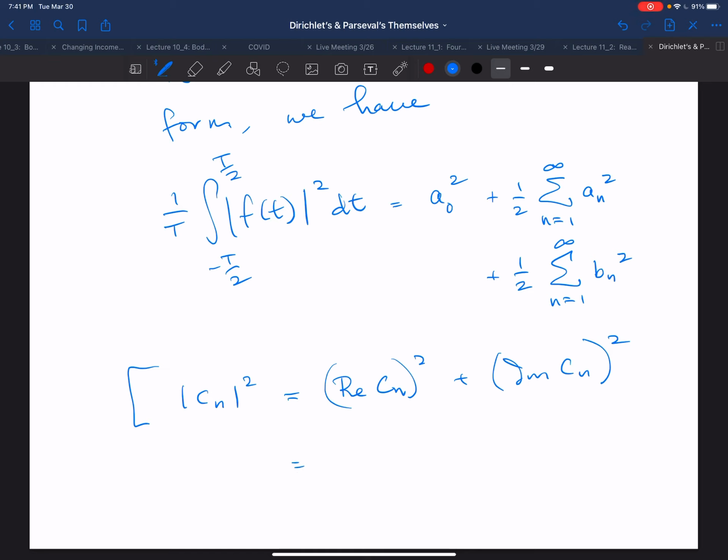The real part of c sub n is just, for the sinusoidal terms, 1/2 a sub n, squared.